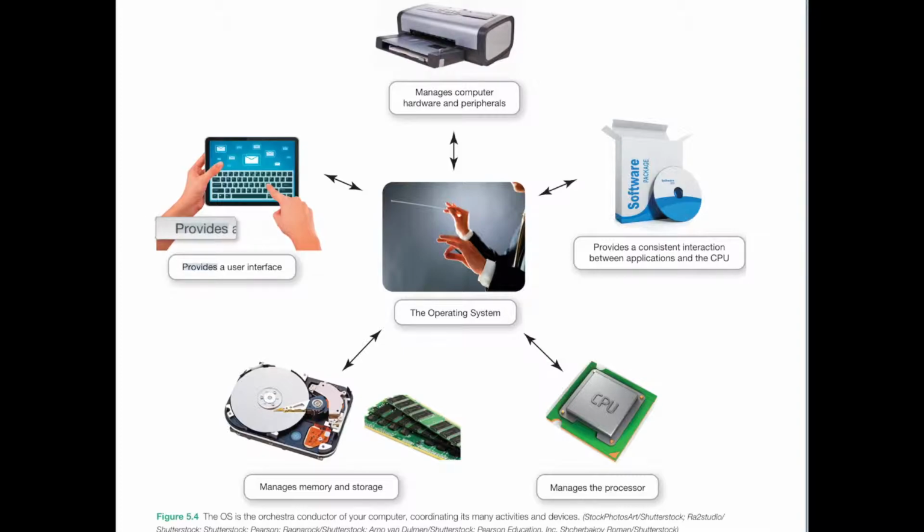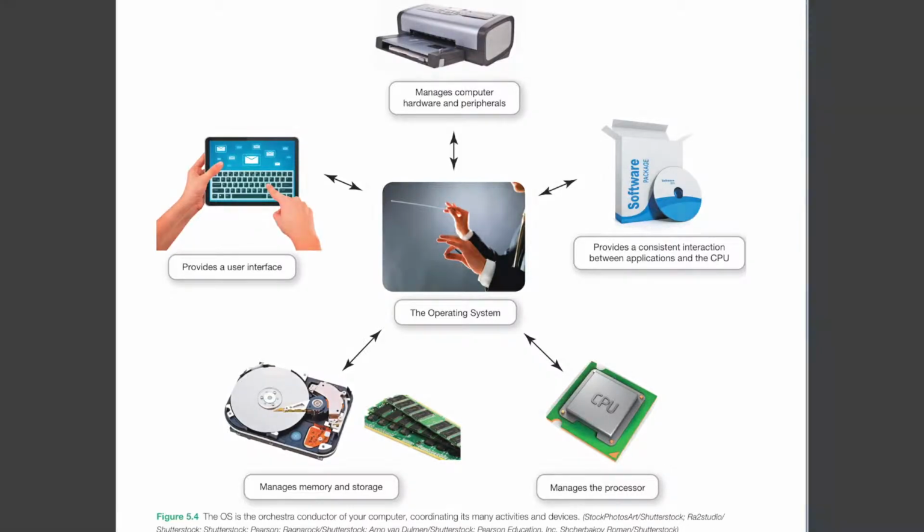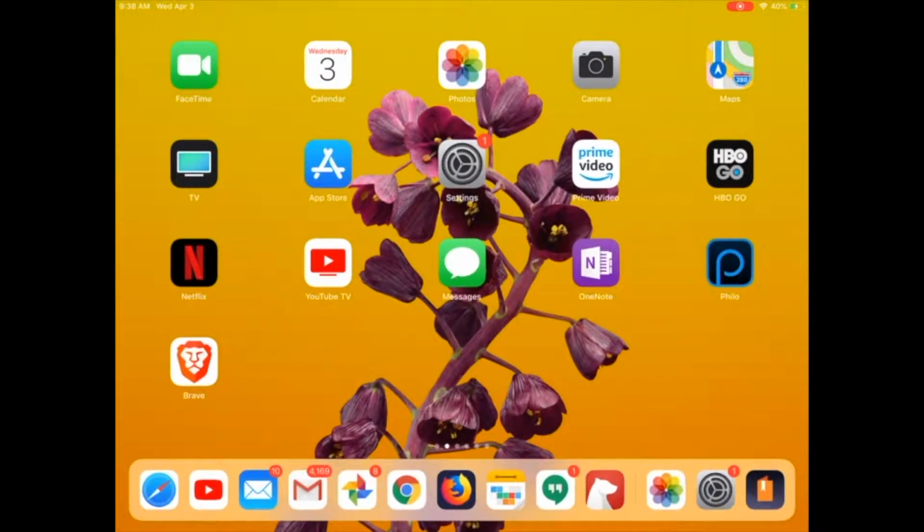And finally, it provides a user interface. Really what an operating system does is allow you to interact with user and system software, and we'll talk about that coming up next.